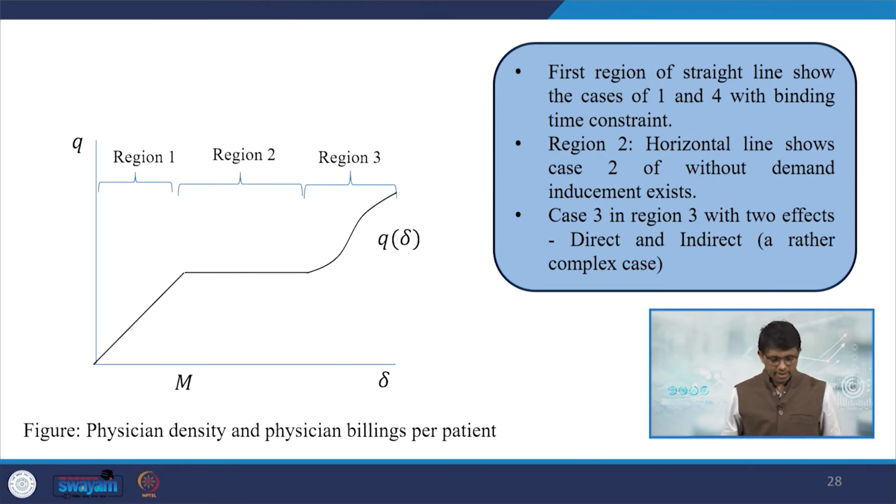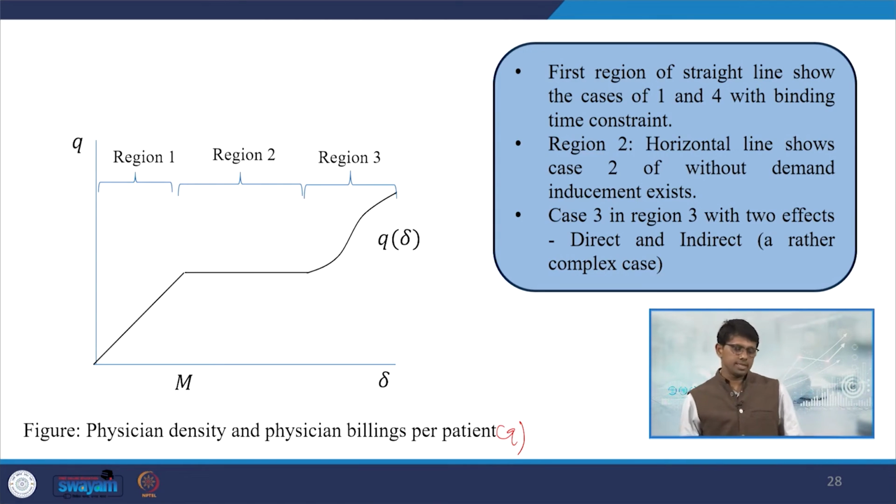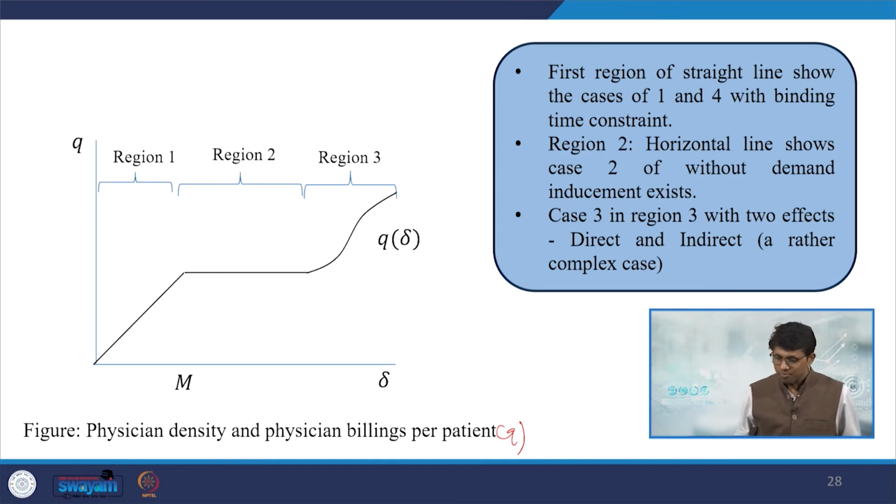You can see till here we are discussing physician density and physician billing per patient, that is Q. Okay. So, till the M level is reached, that is primary demand, you will see that physician billing per patient is proportionately higher. The first region of the straight line shows case 1 and 4, where it basically increases.